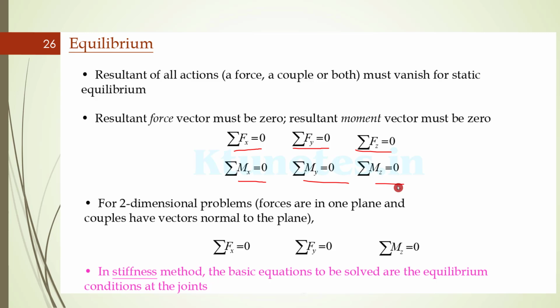For a plane truss as well as a plane frame, being a two-dimensional problem, we have 3 equations of equilibrium: sigma Fx equals 0, sigma Fy equals 0, sigma Mz equals 0. In the stiffness method, the basic equations to be solved are the equilibrium conditions at the joints.